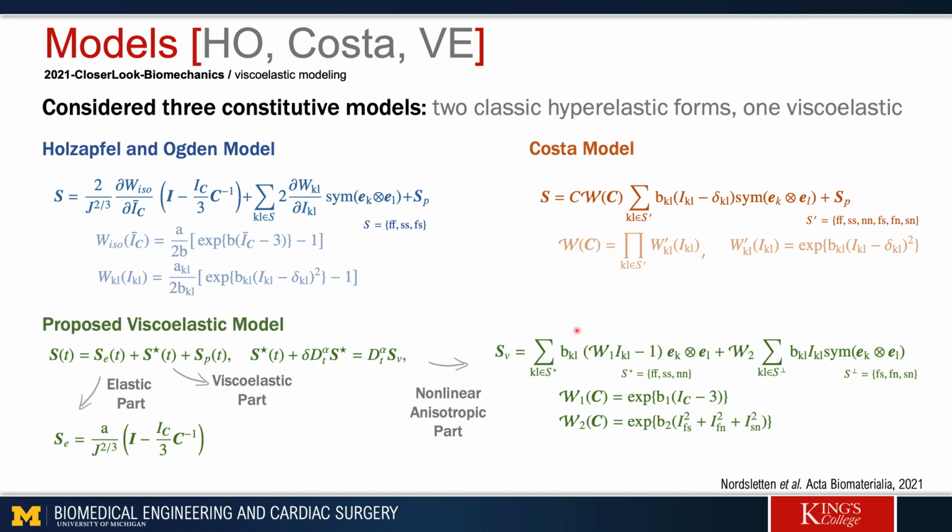So we couple within the diagonal of this SV, in the local fiber-sheet-normal structure of the myocardium, and then we have these cross terms as well that are all coupled.